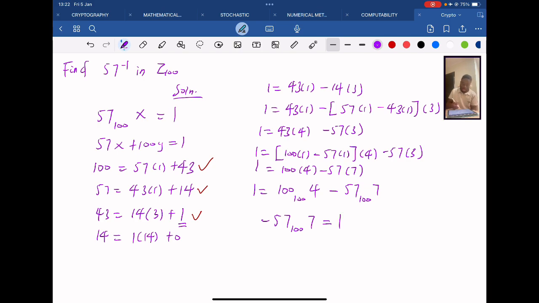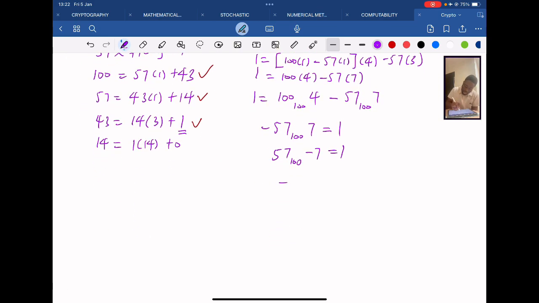And remember, the question is this. So this can also be rewritten as 57 modulo 100 times minus 7 should be equal to 1. But in modulos, we do not need negative numbers. So minus 7 over here, modulo 100 is equal to 93. So this is the same as writing 57 modulo 100 times 93, and this should be equal to 1.